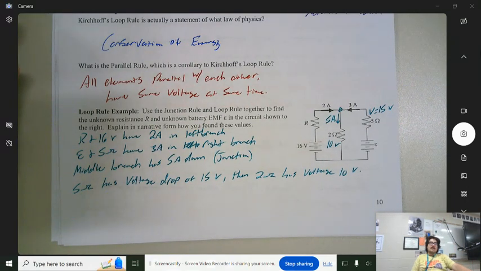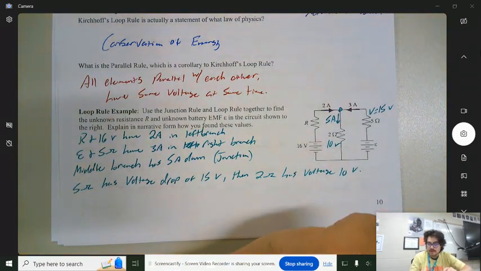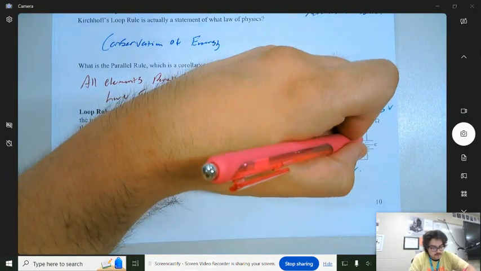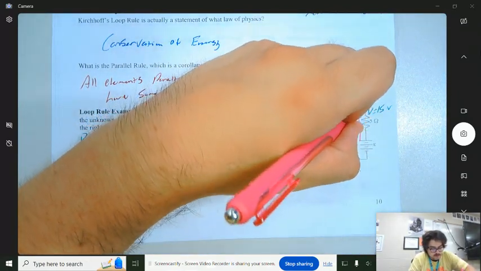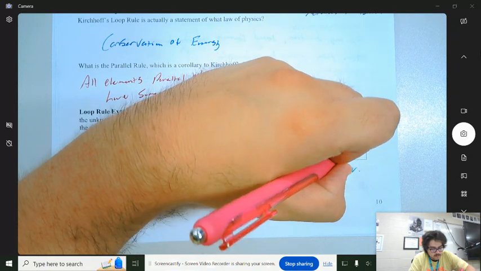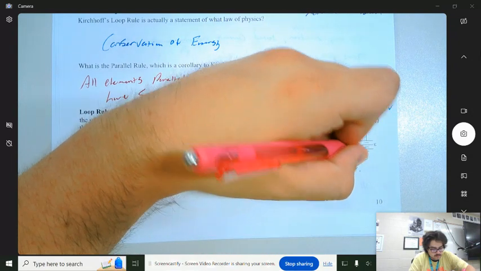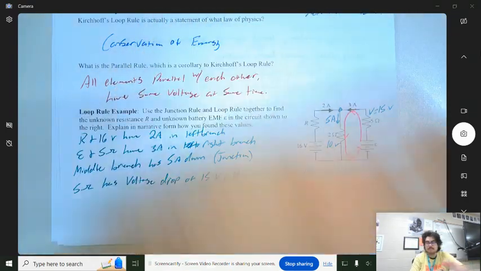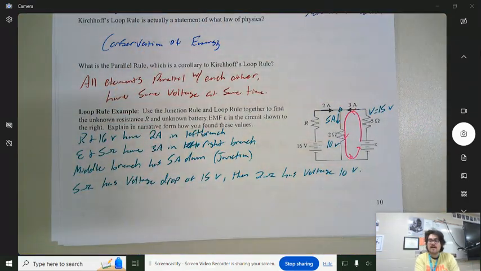Now, again, loop rule, right? Take a look. If the loop rule is upheld, which it most definitely is, then that means walking from the battery all the way around and back would show us that we need to get rid of all of our voltage.